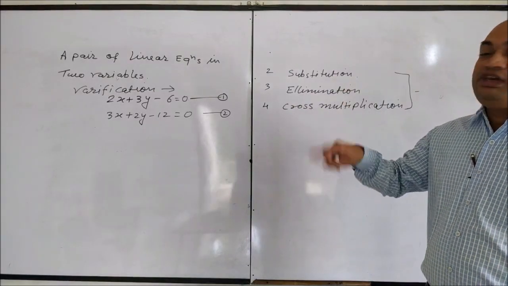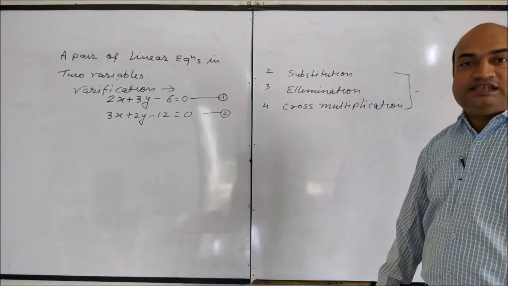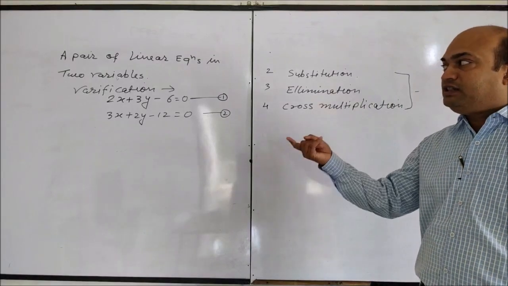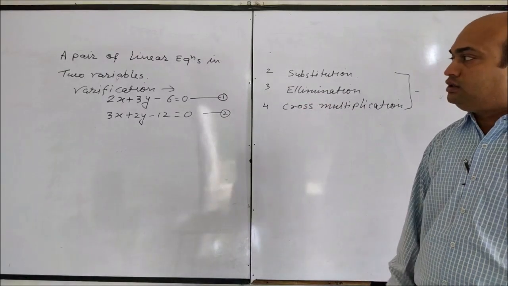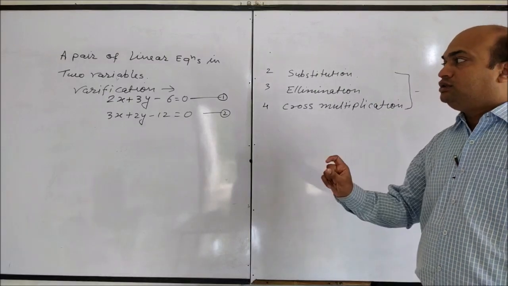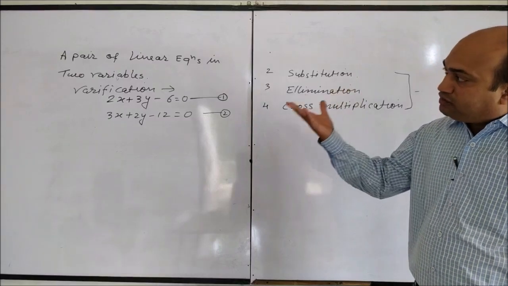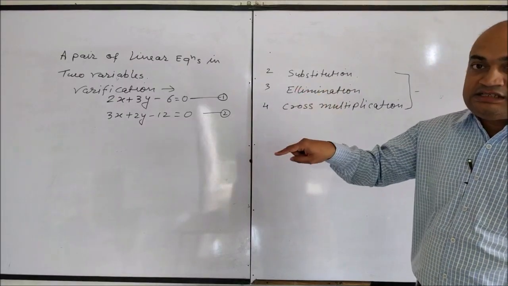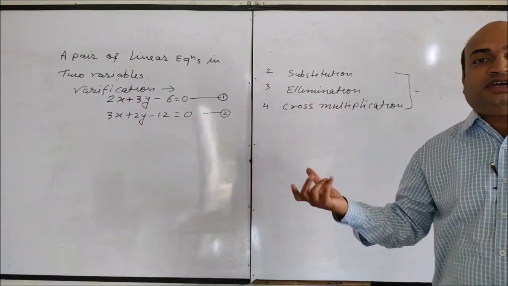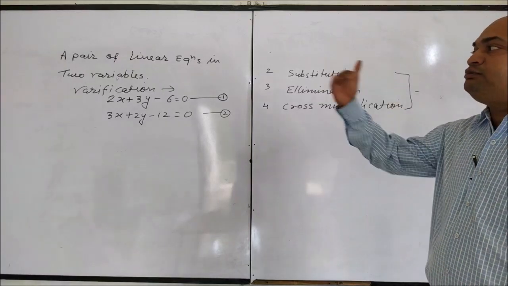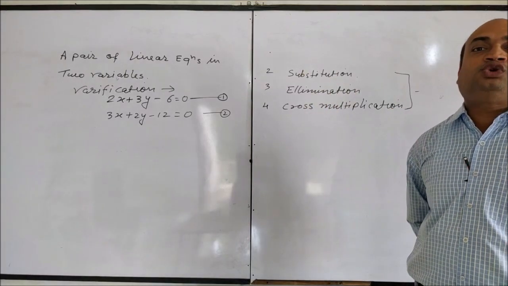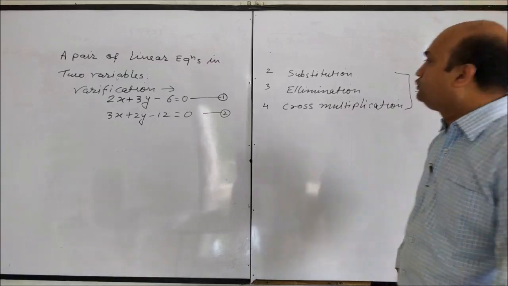From that, we calculated any of the variables, either x or y, and that value we put in this another equation. If we find the value of y, we can get x. If we find value of x, we get y. That value we put in any of the two equations to get the other variable.